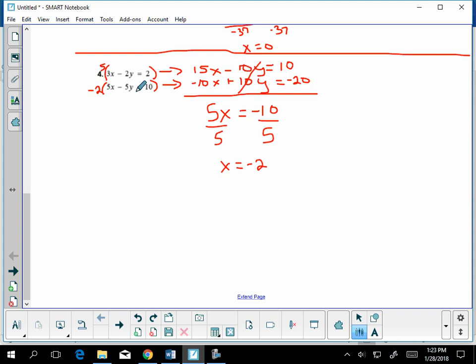So I'm going to put it in the top equation. 3 times negative 2 minus 2y equals 2. Well, 3 times negative 2 is negative 6. Add 6 to both sides.